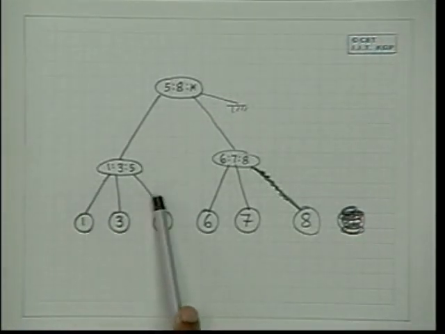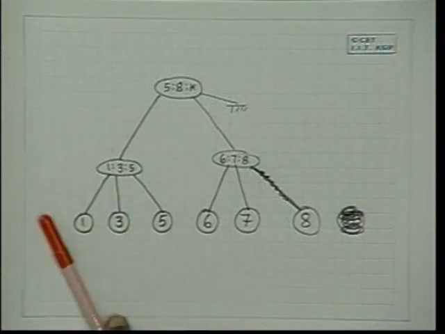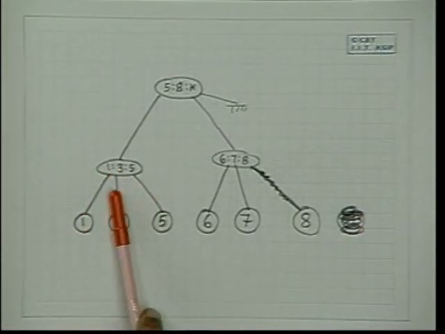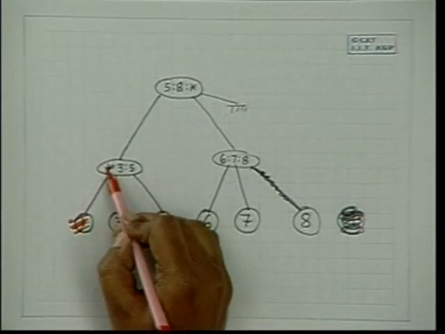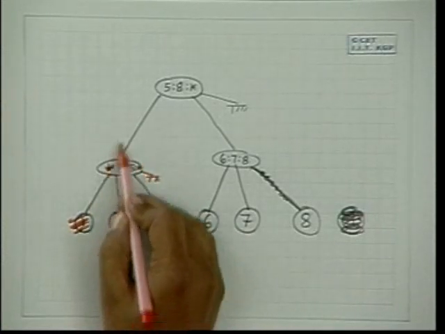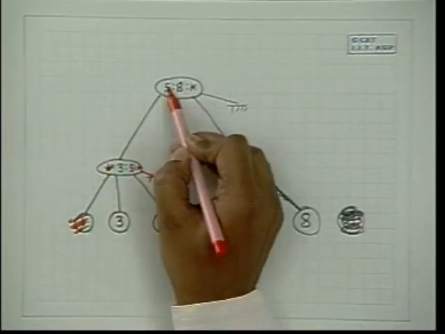Because if there are three children, deleting is no problem. If you have to delete one, you just remove it. This becomes left, this becomes middle. So if you have to delete this one, if this is null, then the maximum still remains 5.